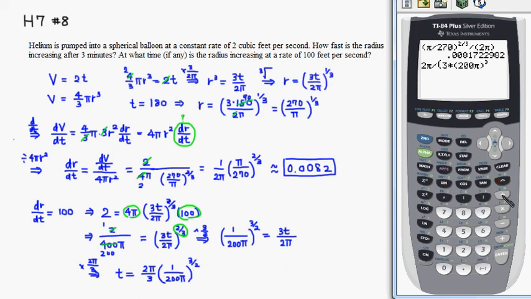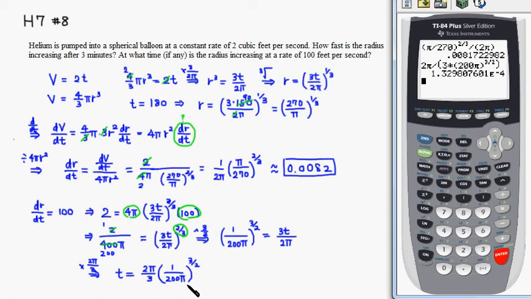Then close the parenthesis and hit enter. It came out to be 1.32987 times 10 to the negative 4.